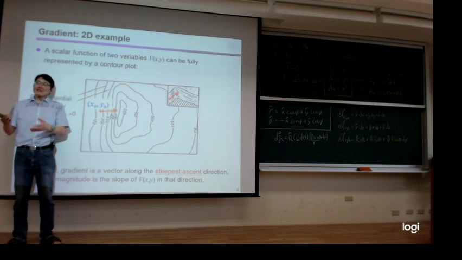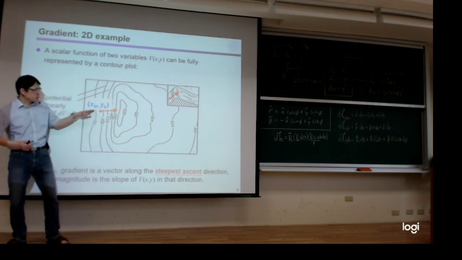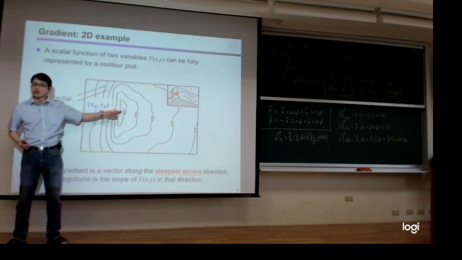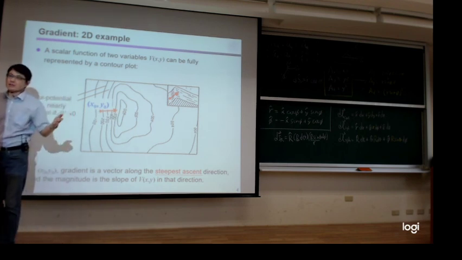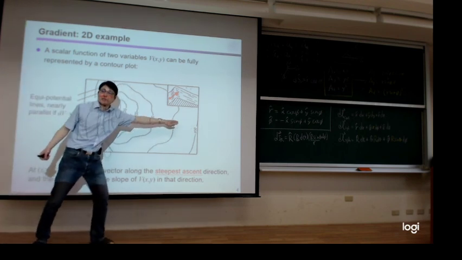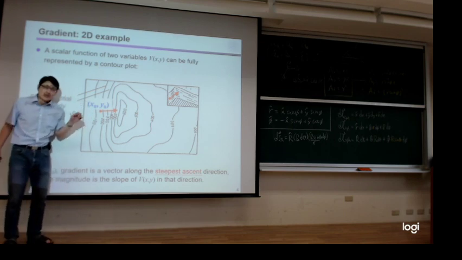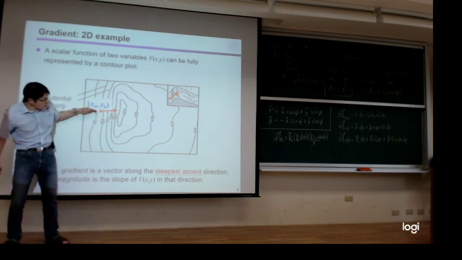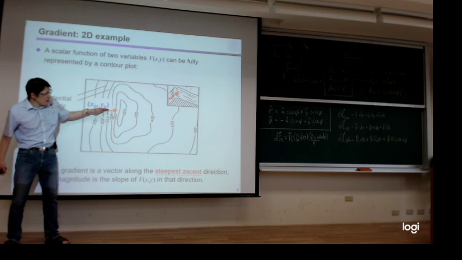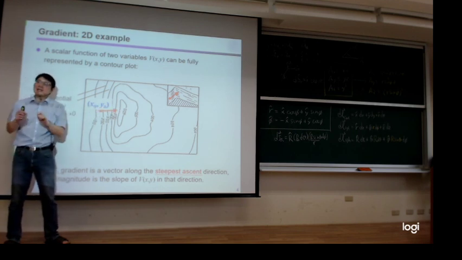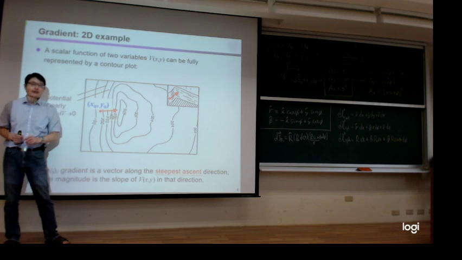So if her legs are strong enough, she could reach and take the class within maybe 5 minutes. But I have to take 20 minutes walking. So her choice is to take the path where the rate of change in height is maximized. Okay?